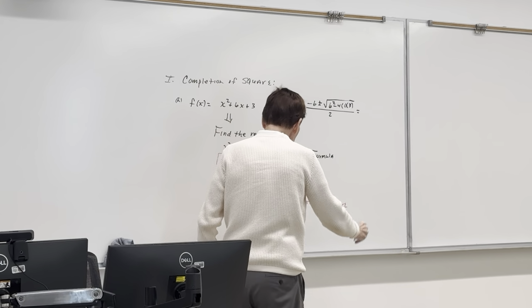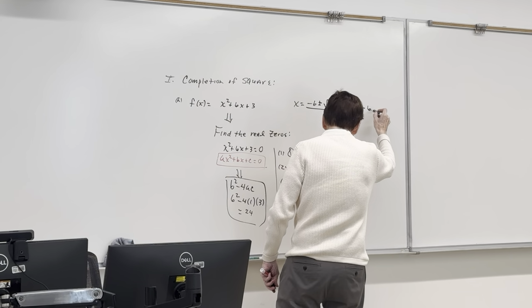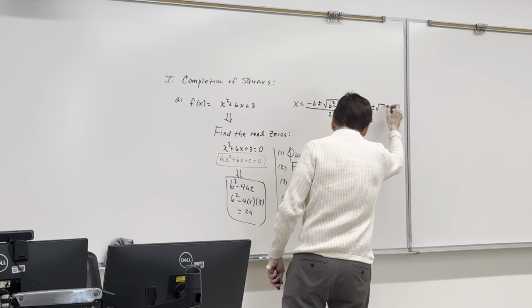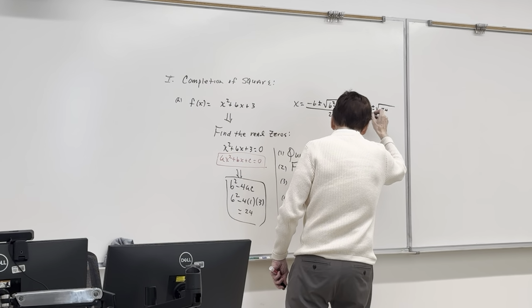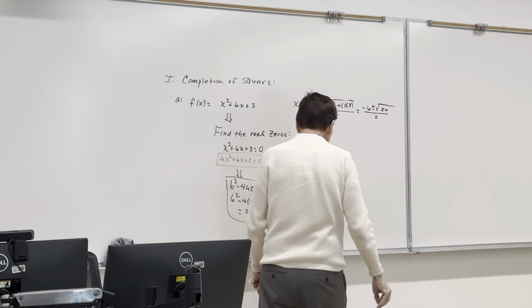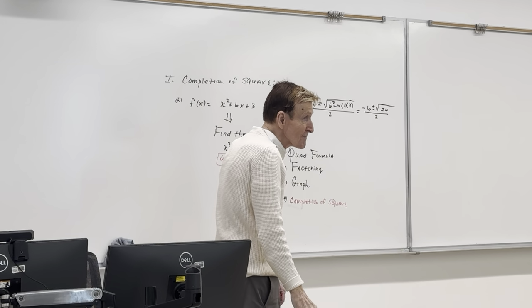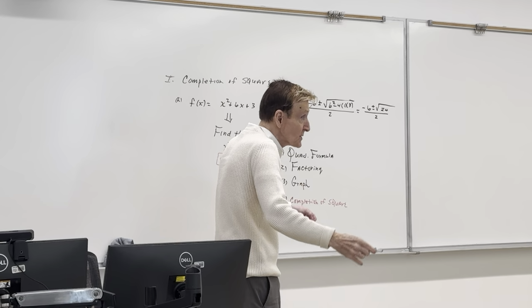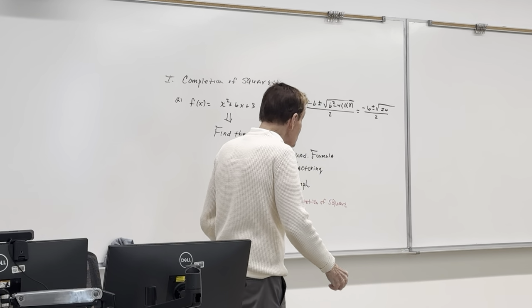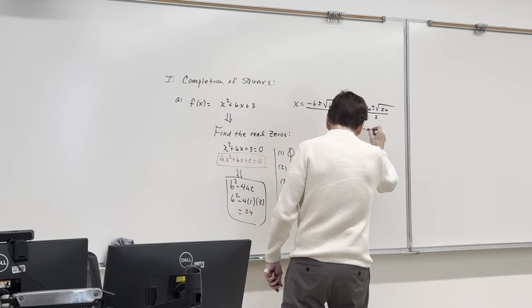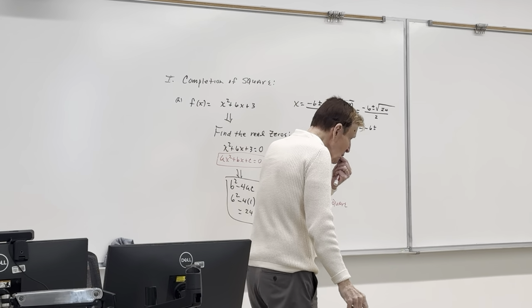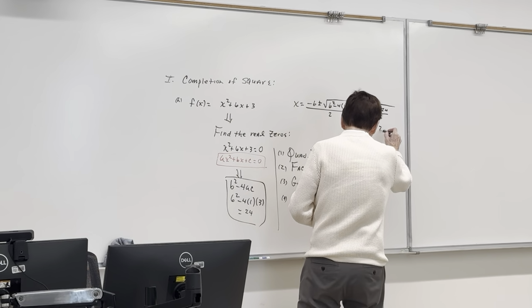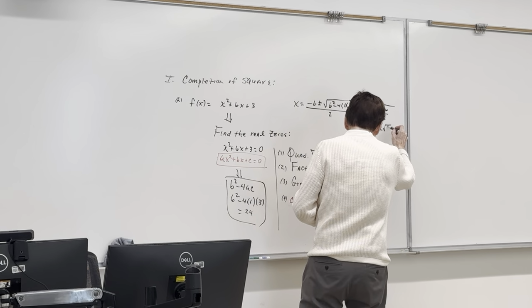And if I do this correctly, this is negative 6 plus minus. Guys, did we say that was what, 24 earlier? I think we did. All over 2. Now I can finish it up, except I still have that 24. It's not perfect. Can someone come up with a nice representation for square root of 24? 2 root 6. 2 radical 6. All over 2.